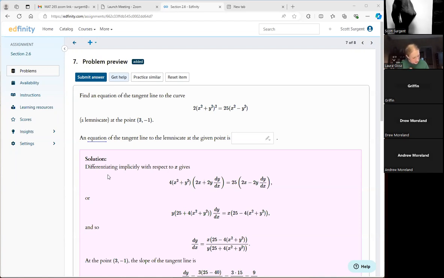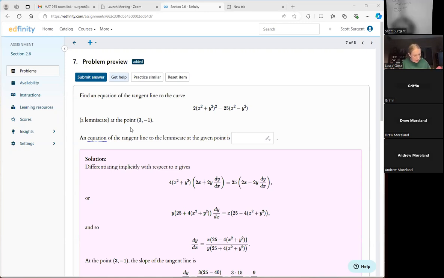This is number 7 on 2.6, and you want to find the equation of the tangent to the curve at (3, -1). I think I just made a small mistake, and that's what made this really hard for me.